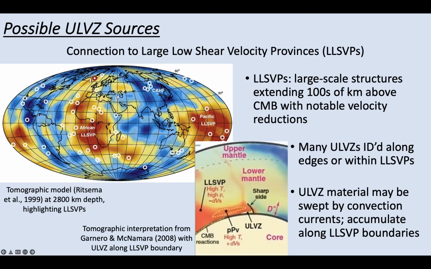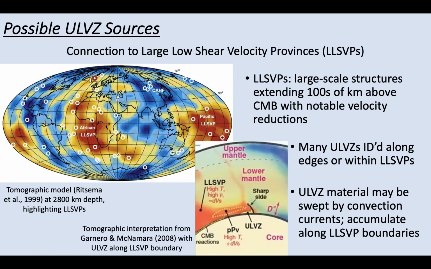Areas in red and yellow are slow and presumably hotter, and those more in the blue color are seismically faster, so thought to be cooler. And you can see these two areas right here and right here labeled the African and Pacific LLSVPs. So there are two of these very large scale structures that extend hundreds of kilometers above the core mantle boundary that have been recognized in many different global tomography models. Much larger scale, of course, than the ULVZs.